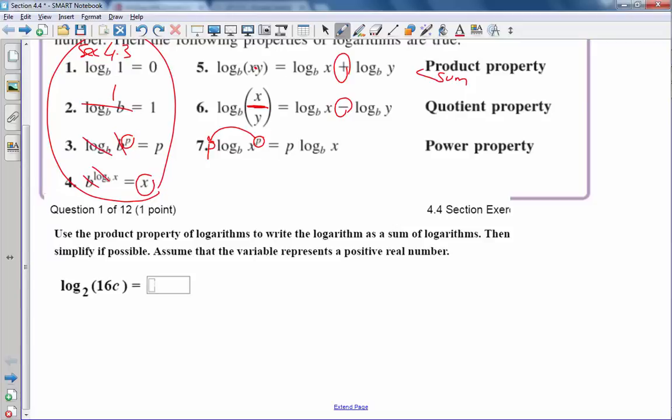Here's the question. It even tells you what to use. So this is a no-brainer. It says use the product property. So you should certainly look at this. And basically says break up this into two logarithms, sum of two logarithms, addition of two logarithms, and even if possible simplify it, not just leave it separate two logarithms.